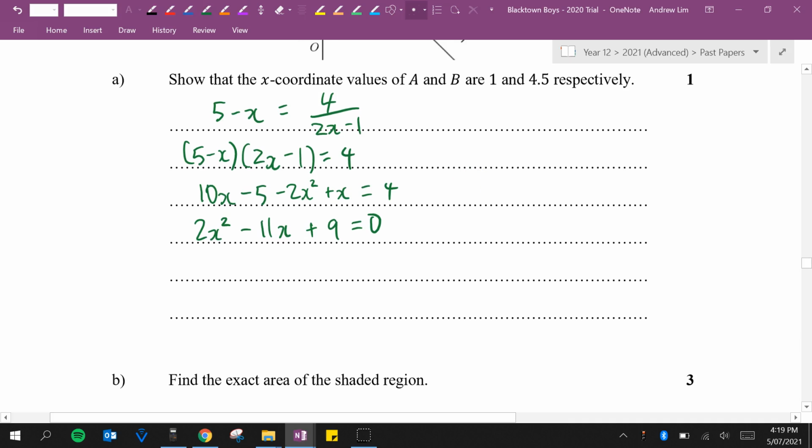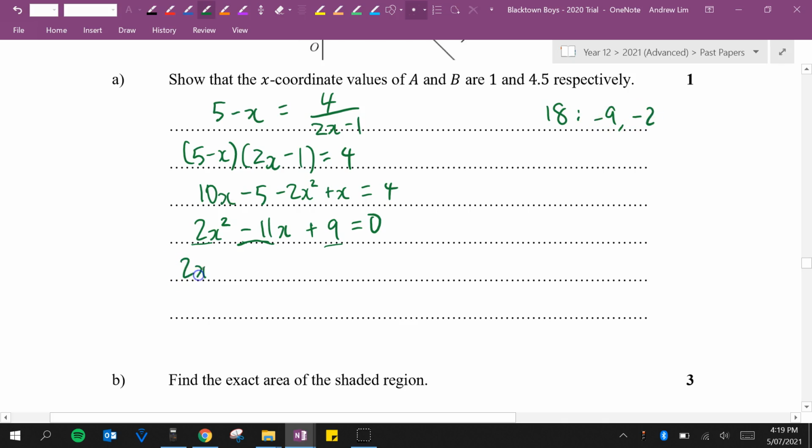I've got a non-monic here, so I'm going to factorize this. 2 times 9 is 18, so two numbers that multiply to 18 but add to negative 11. They are negative 9 and negative 2.